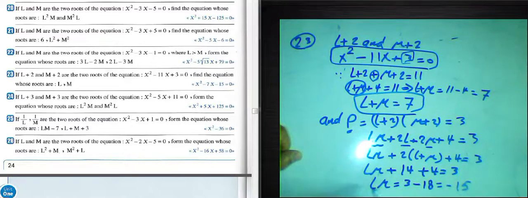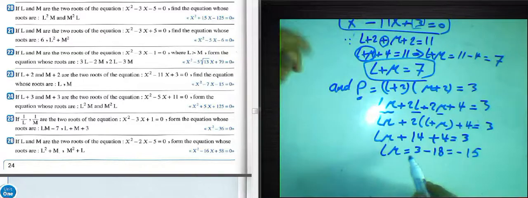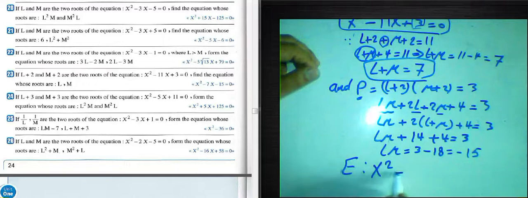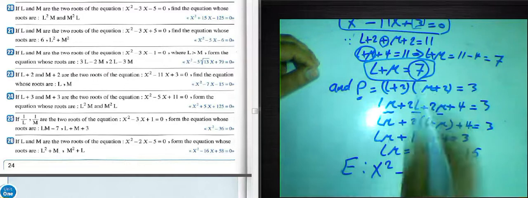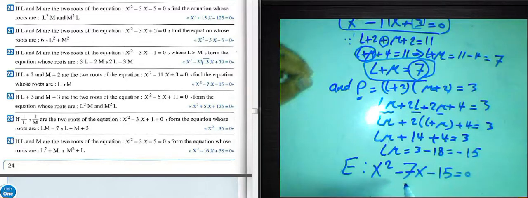It was L multiply M, so we can write the equation whose roots are L and M. So the equation will be x power 2 subtract the sum 7x and negative 15 equals 0. Is it okay or not?